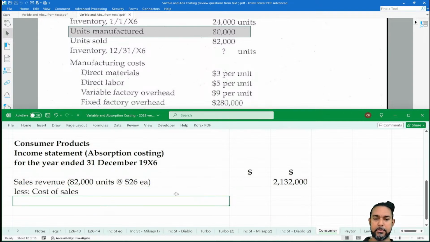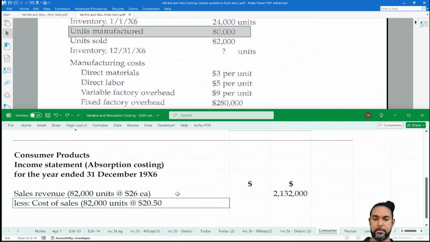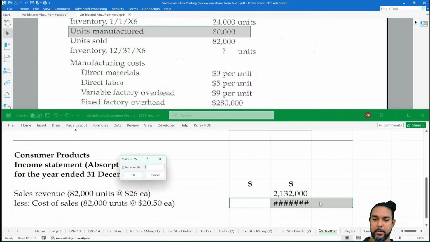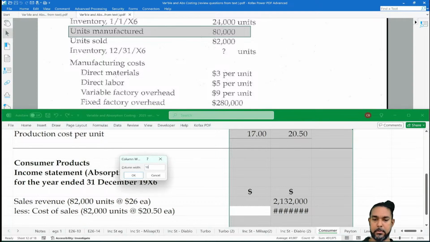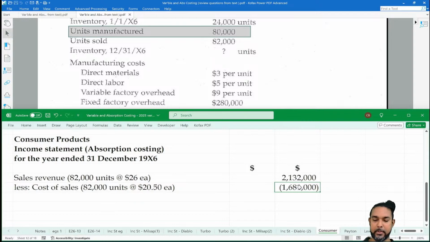All right, so we have again 82,000 units at $20.50 each. All right, fine.